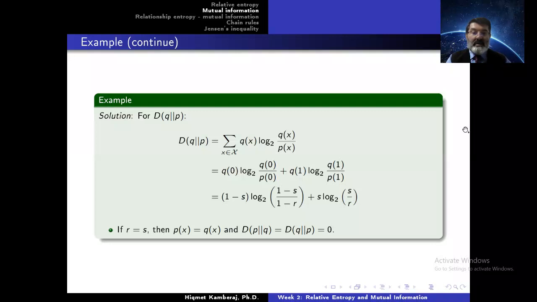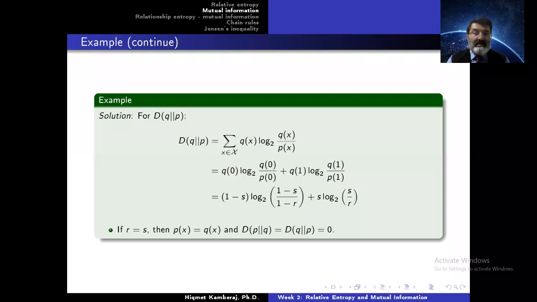Next, we calculate D(Q‖P). Again, from the definition, we can write D(Q‖P) as the sum over all x from 𝒳 of Q(x) log base 2 of Q(x) over P(x).